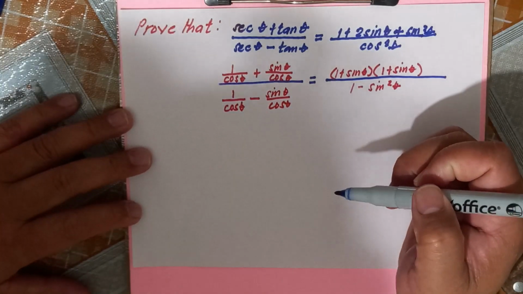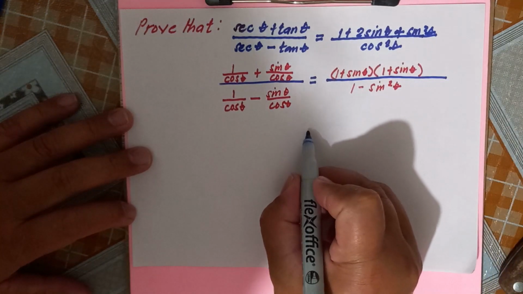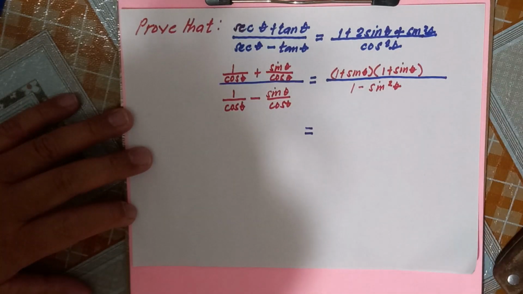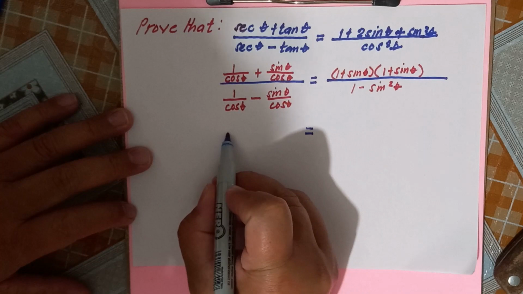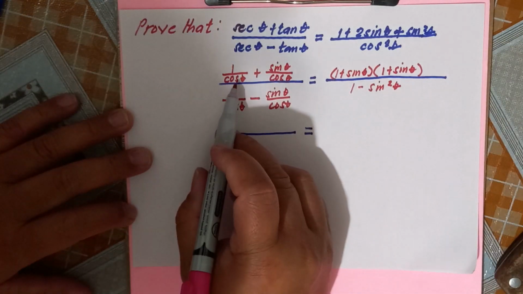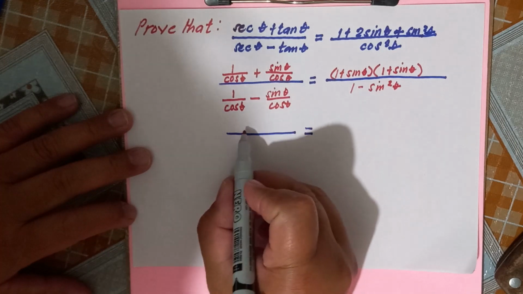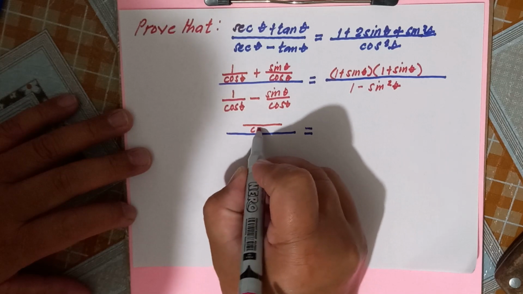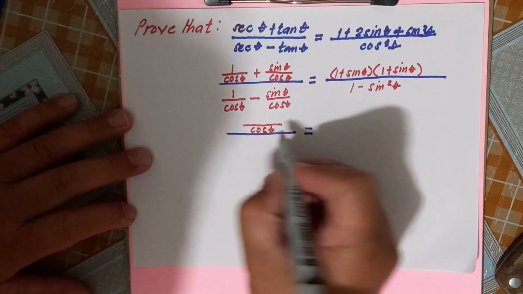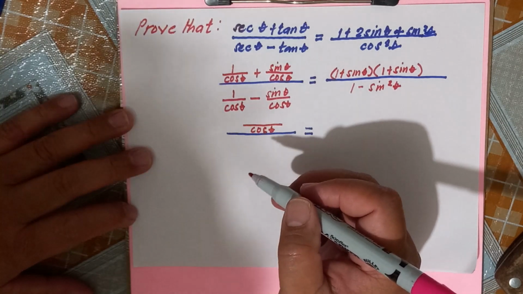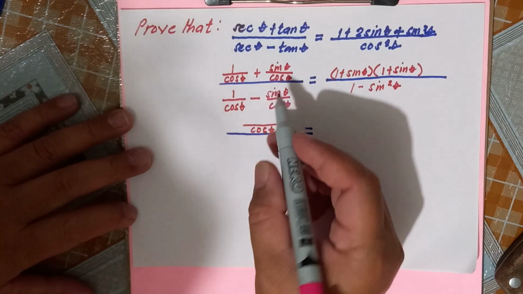Now, notice that when we continue the problem, in the numerator of the left side we have to add according to the operation involved. When we add, notice that they have the same denominator. So we copy the denominator, cosine theta, because that is the rule for adding fractions with the same denominator: copy the denominator and then add their numerators.